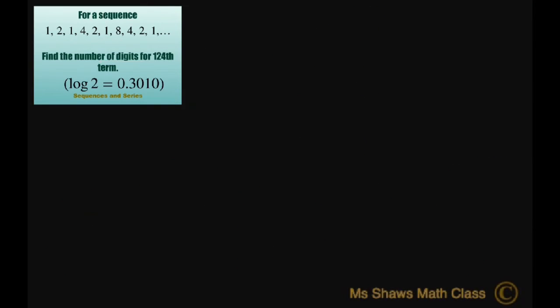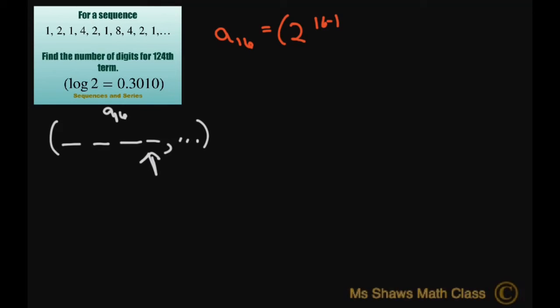Now what we want to do is go ahead and find a sub 16, and that's going to equal 2 to the power of 16 minus 1 for the first term. Remember, for a sub 16, we're looking at 1, 2, 3, 4, dot, dot, dot. So basically we're going to have 2 to the power of 16 minus 1.